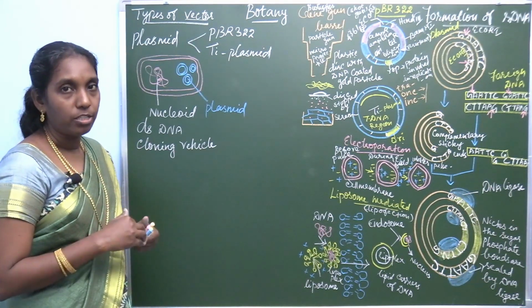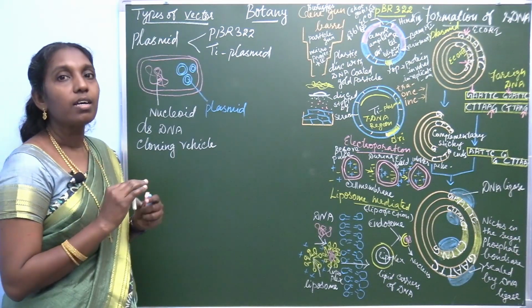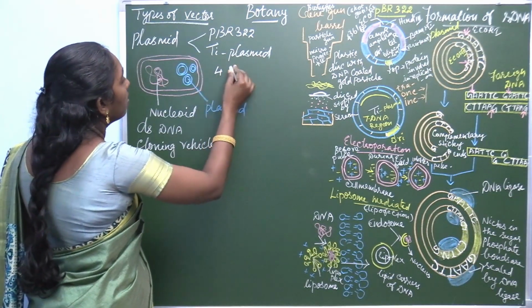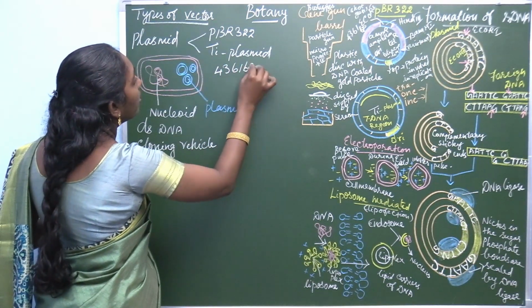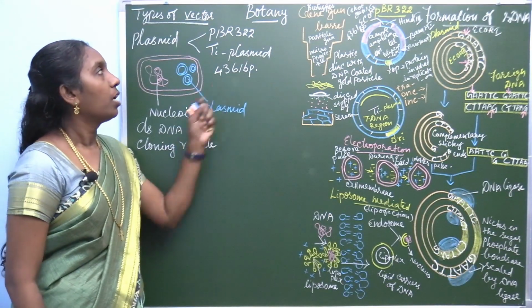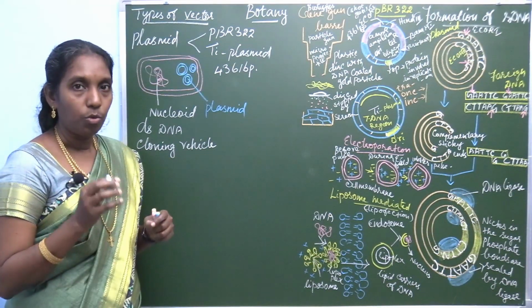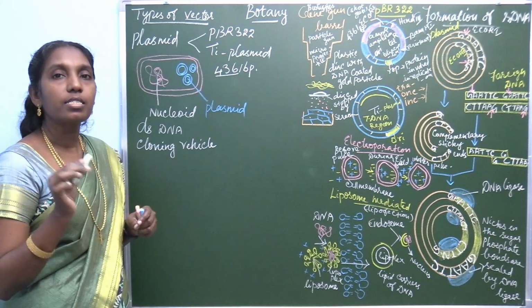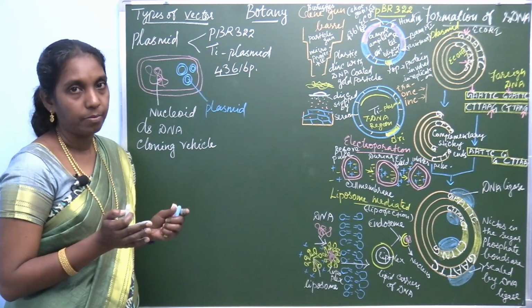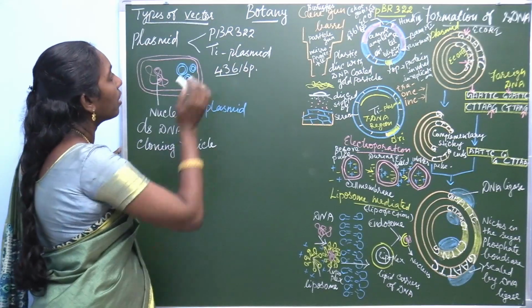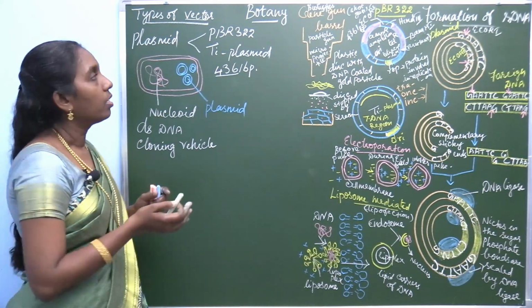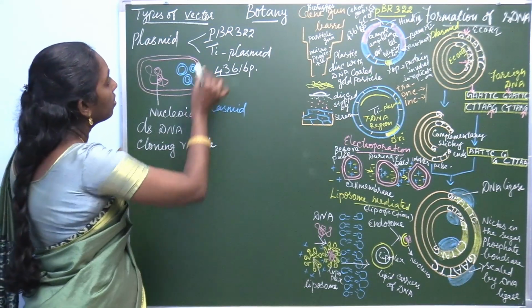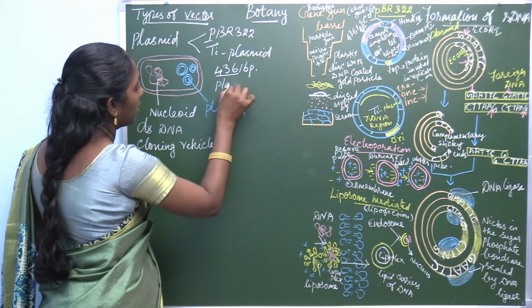PBr322 contains 4,361 base pairs. In the name PBr322, the P denotes plasmid.